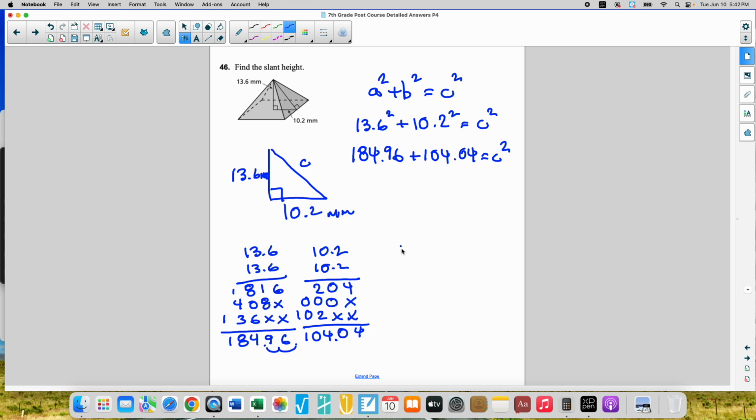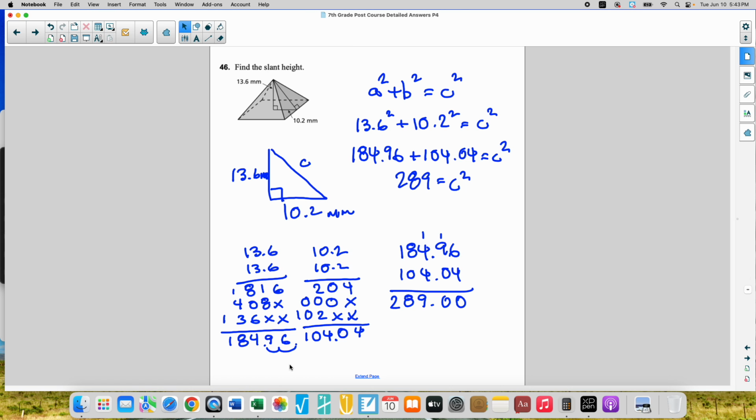Let's add those two values up. We're going to align 184.96 plus 104.04. That's 10. That's 10. That's 9. That's 8. 289. 289 equals c squared.